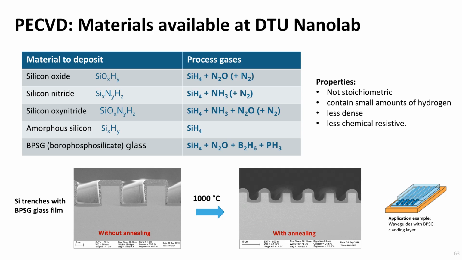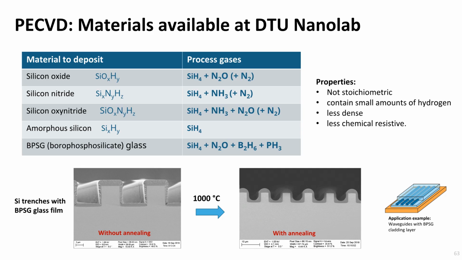That makes the films less dense and reduces the resistivity to many chemicals. The molecular composition of deposited films depends on the various parameters, though mostly the gas flow ratios. Annealing at elevated temperature improves the coverage of corners and holes and thereby the quality of the films.